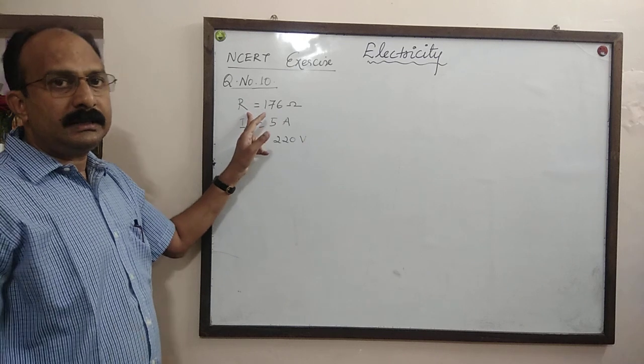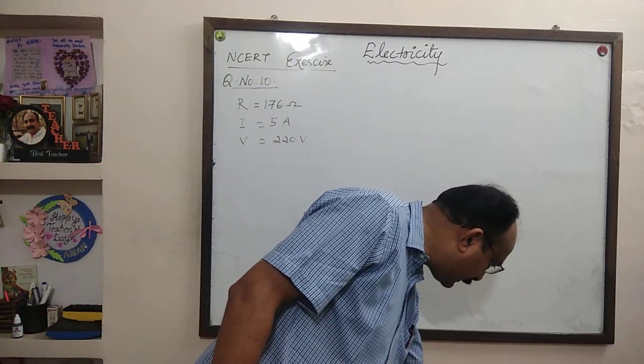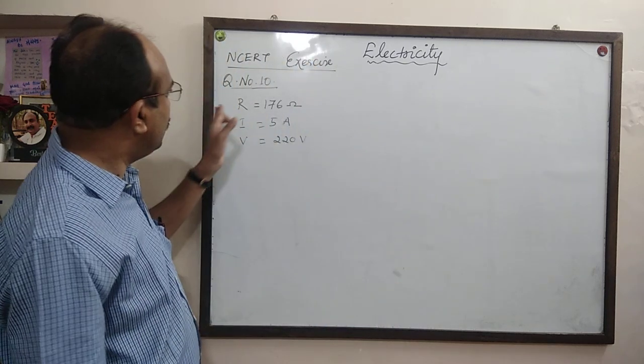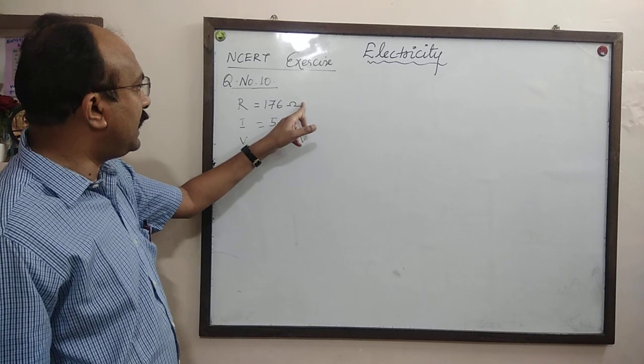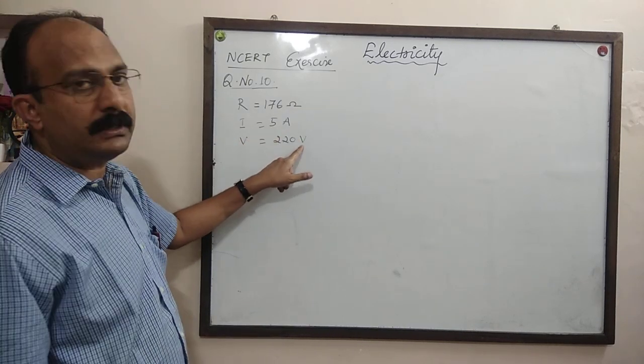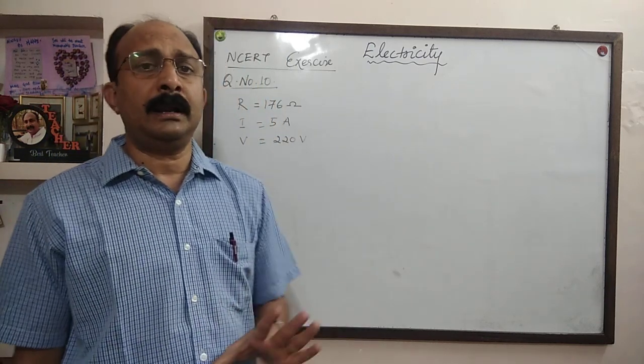This is resistance of one bulb. What is it? No, nothing is given. 176 ohm resistor. So how many such resistors are needed to get 5 ampere from a 220 volt supply line? And it is given they are connected in parallel.